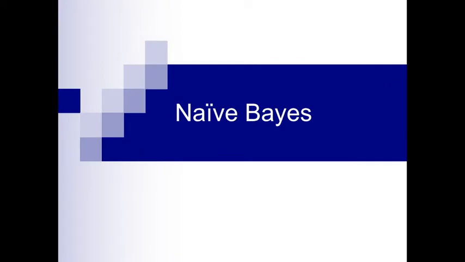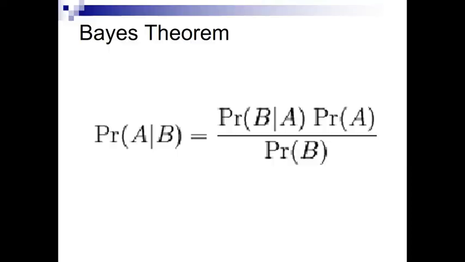So now let's get into the meat of today's lecture. This is what I really want to make sure we get through because on Tuesday, I'm going to assign assignment 2, and you're going to need to be able to work through Naïve Bayes. Naïve Bayes is based on the ideas behind Bayes' theorem.